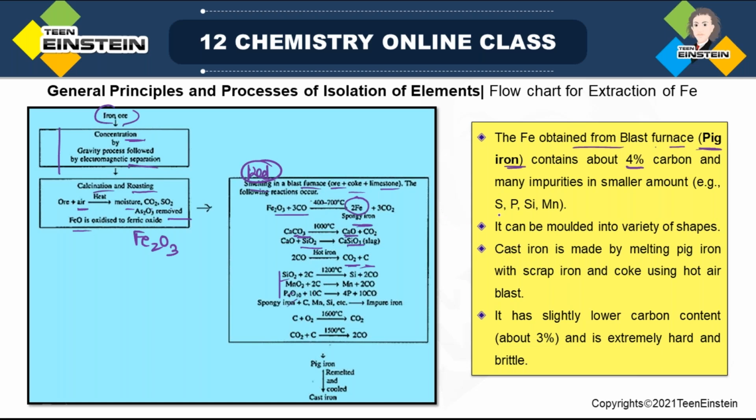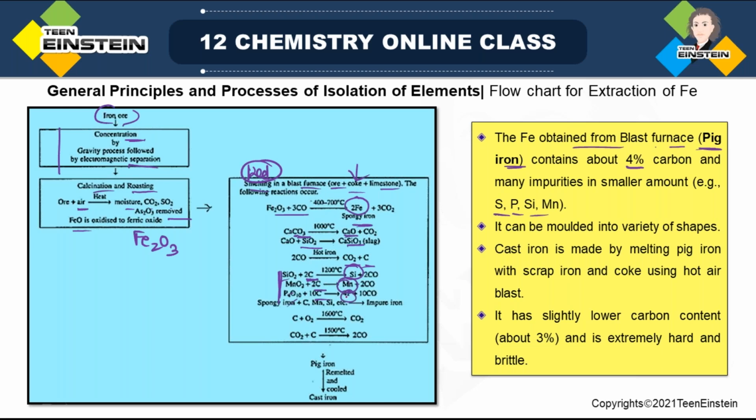There are also other impurities like sulfur, phosphorus, silicon, and manganese. These compounds, SiO2, MnO2, P4O10, are all basically reduced in the presence of coke, which we have added, and converted to the zero oxidation state, but they are still present as impurities.